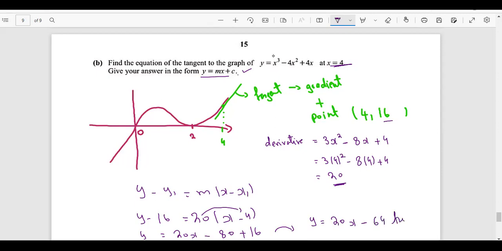So this is my answer. Now m is 20 and the y-intercept is minus 64. This means that this line would go on like this continuously, and it is going to cut the y-axis at minus 64.